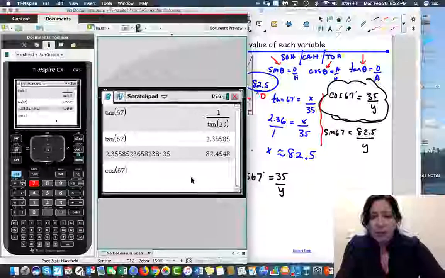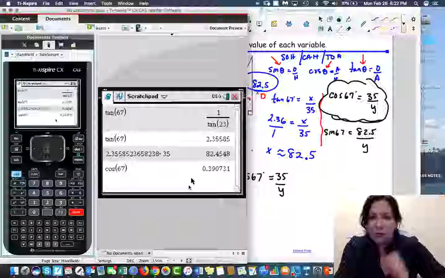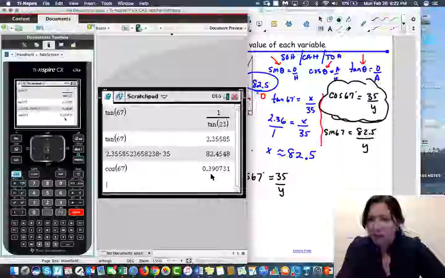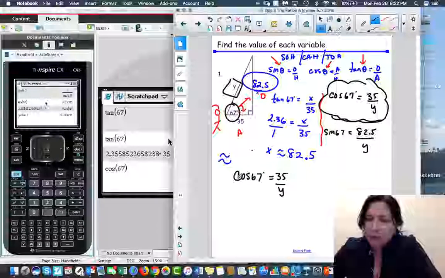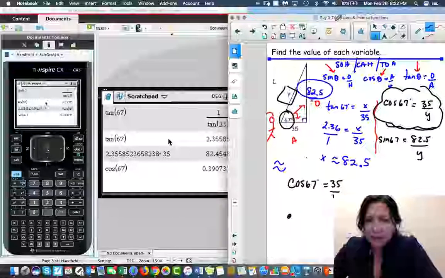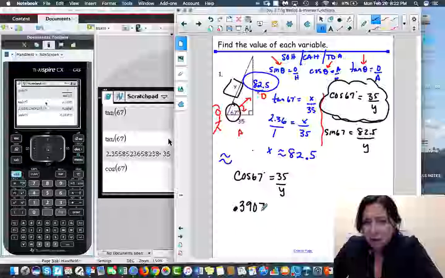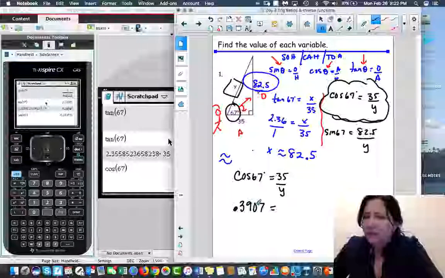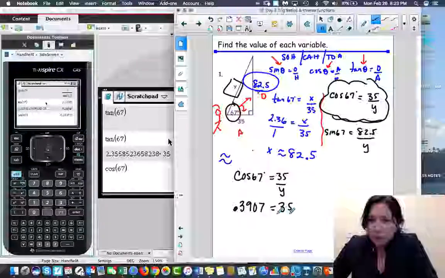Again, remember, you're going to hit control and then enter, and it's going to give me an approximate value, 0.3907. Generally, when you're taking approximations, you go tens, hundreds, thousands, ten-thousands. You go four decimal places, and that's going to give you more accuracy.